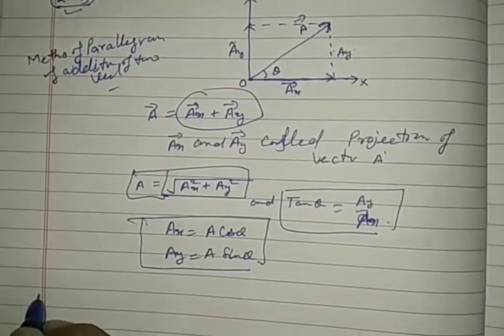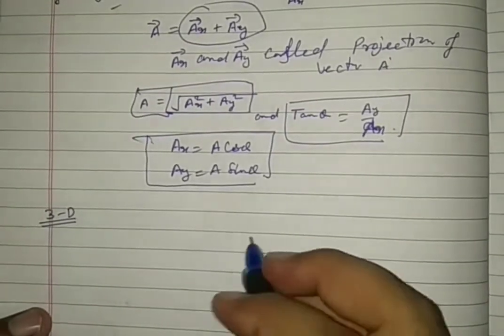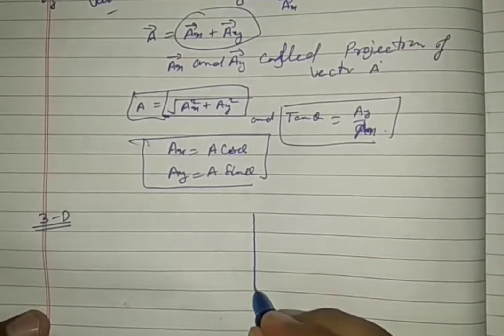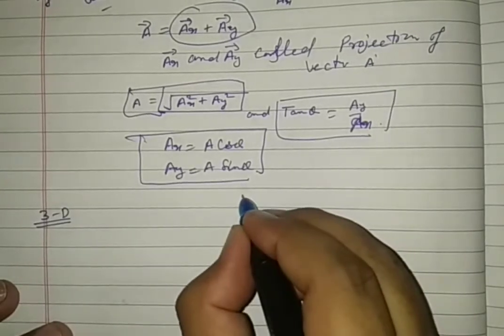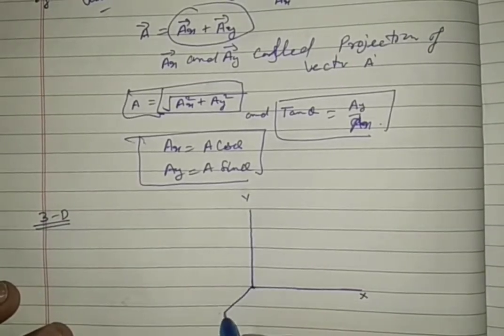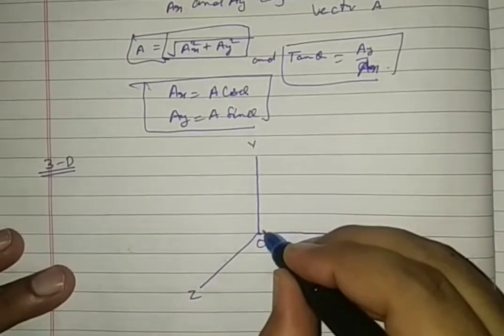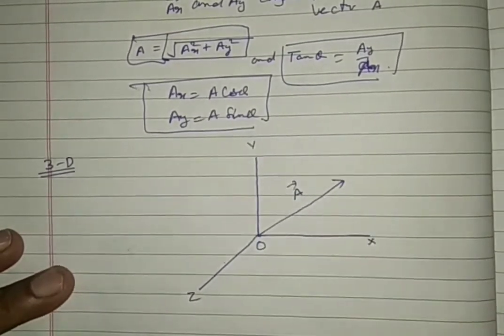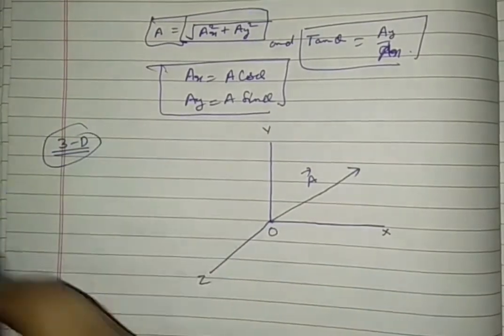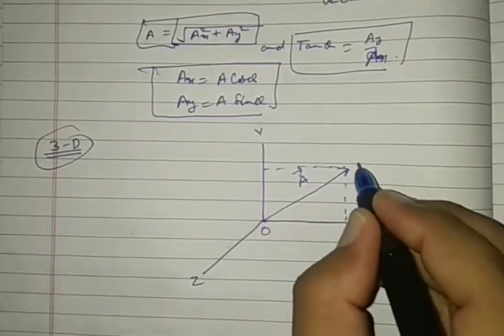The same resolution of a vector we can do in the case of 3 dimensions also. When we resolve a component of a vector in 3 dimensions, we will select a frame of reference in 3 dimensions. I am considering a vector A here, whose resultant we will see in 3 dimensions. It has 3 components.